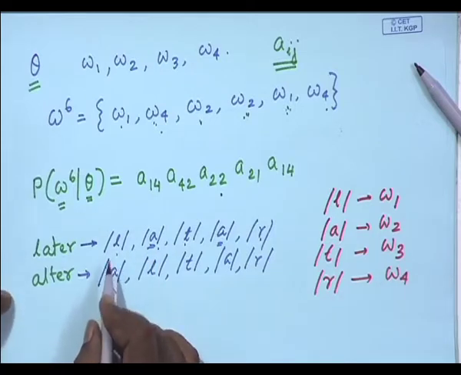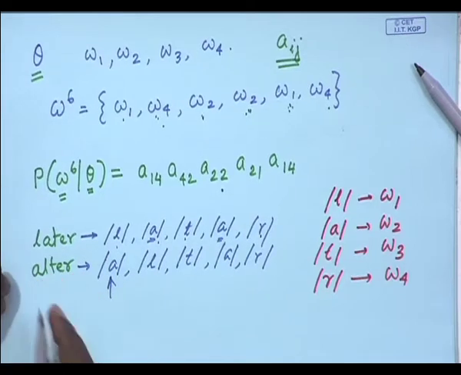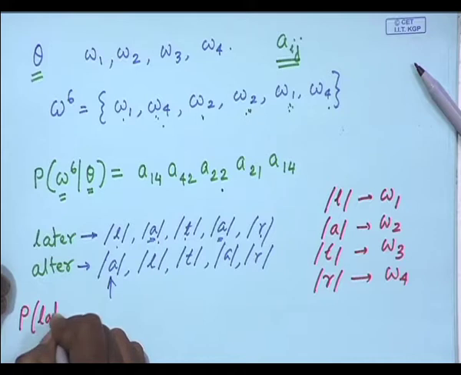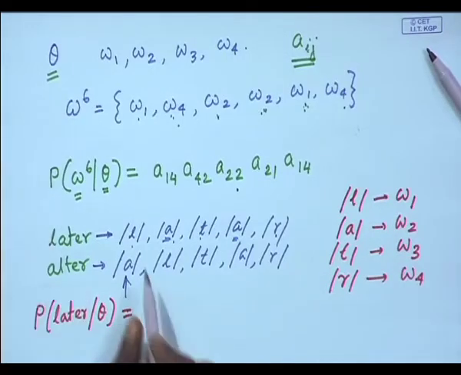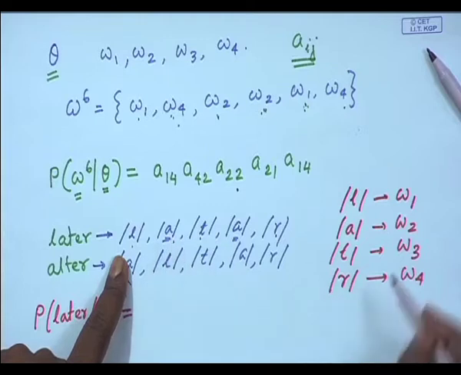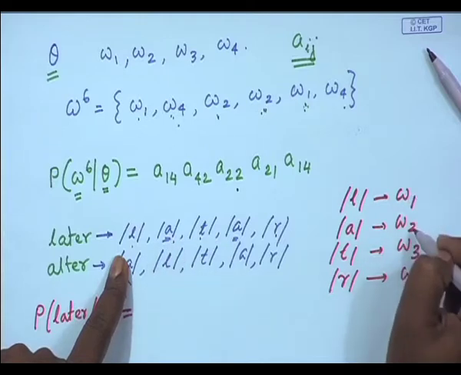In that case, the probability of letter, that is the sequence, given theta, that is my model, will be as follows. Here you are making a transition from la to a, so omega 1 to omega 2.